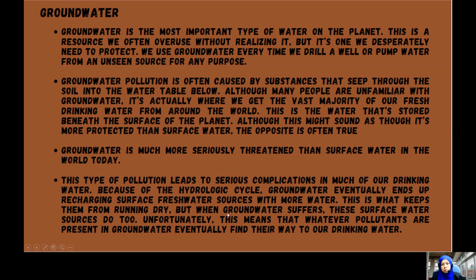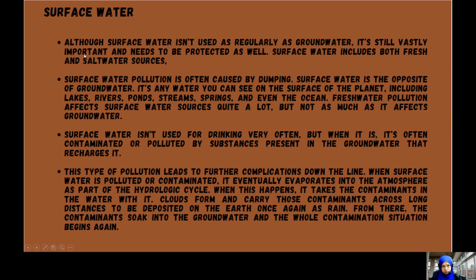But when groundwater suffers, these surface water sources suffer too, unfortunately. This means that whatever pollutants are present in groundwater eventually find their way to our drinking water.